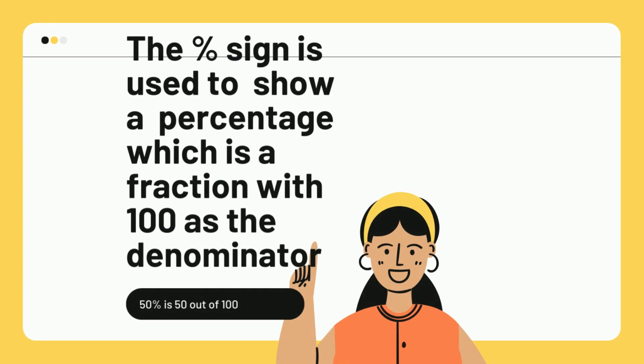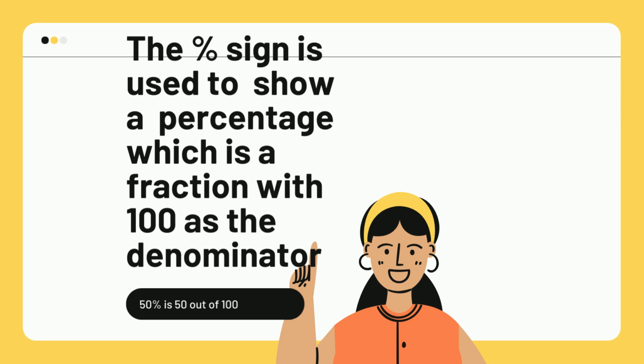Okay, so we're getting it all together like we're baking a cake. The percent sign is used to show a percentage, which is a fraction with 100 as the denominator. So 50% is saying, if we remove the percent sign, 50 out of 100.